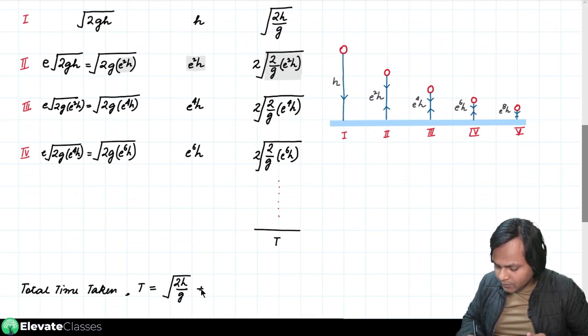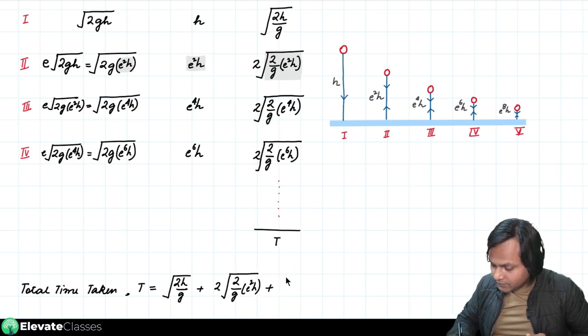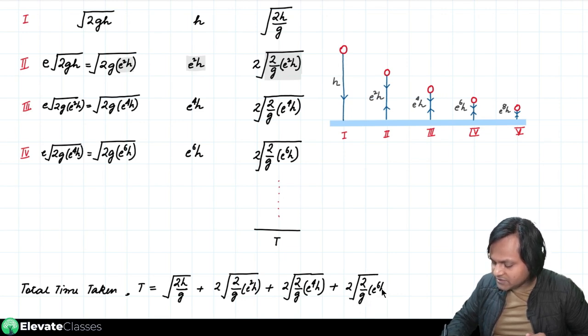For the second bounce, after the first bounce, twice of root over 2 upon g e square h. After the second bounce, you have root over 2 upon g e to the power 4h, and on and on. Let's look at all the terms involved. Twice of root over 2 upon g e to the power 6h, and on and on.